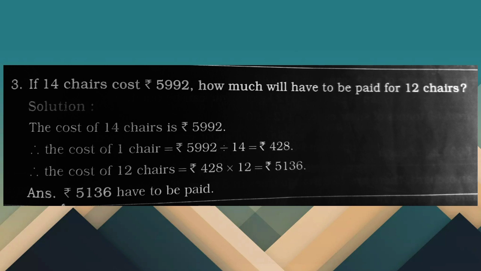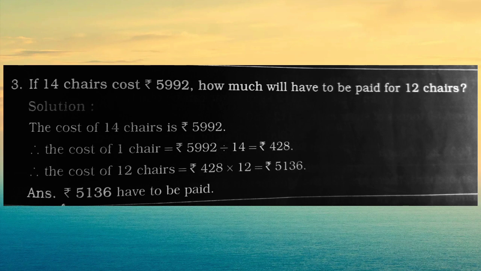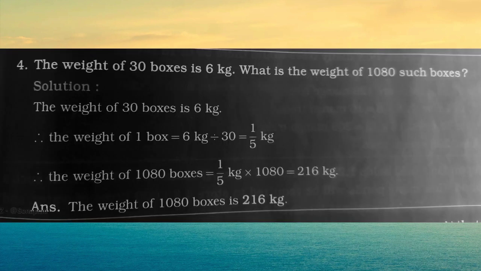So to find out the cost of 12 chairs, we'll multiply the cost of one chair, that is 428 multiplied by 12. Answer is 5,136. So he has to pay 5,136 rupees. Let us see the next question.